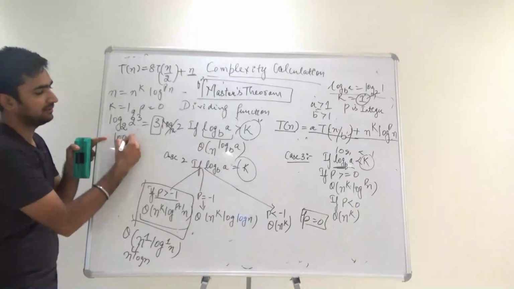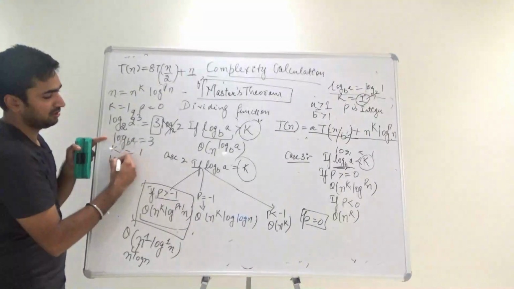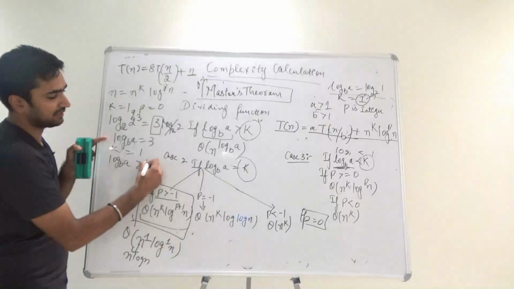So log base b of a is 3, k value is 1, log base b of a is greater than k.